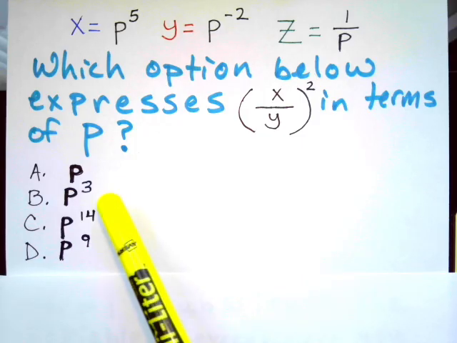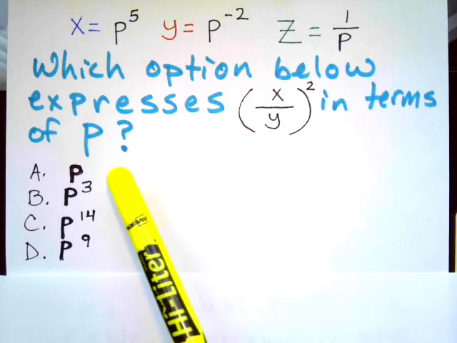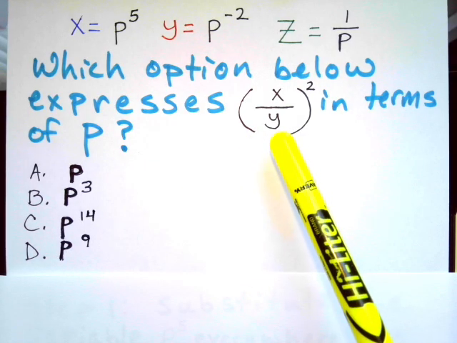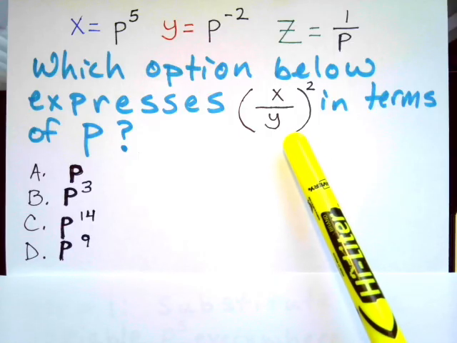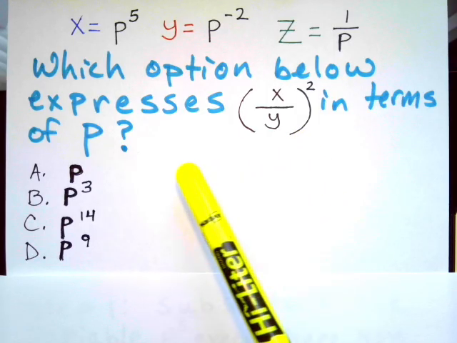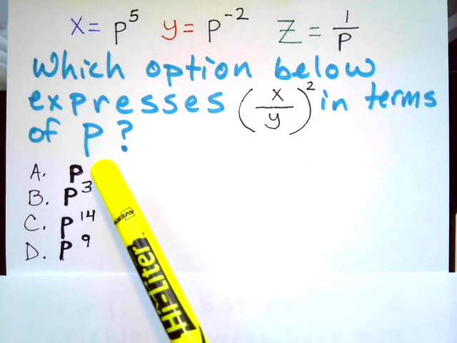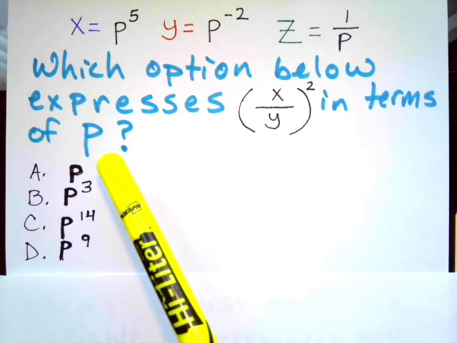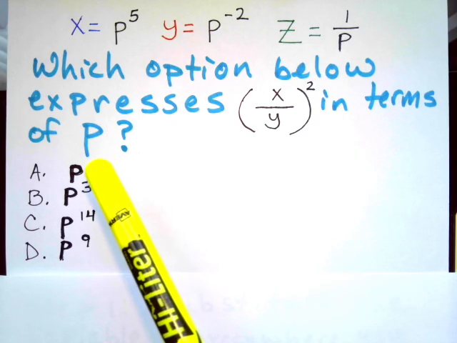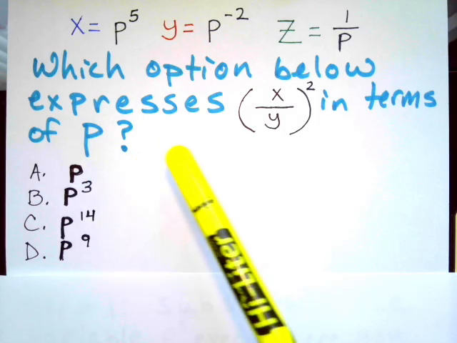Now, a very quick test taking strategy. If you understand the power to a power, you will understand that this A, which is represented by p, which shows the invisible 1, p to the invisible 1 power, right?